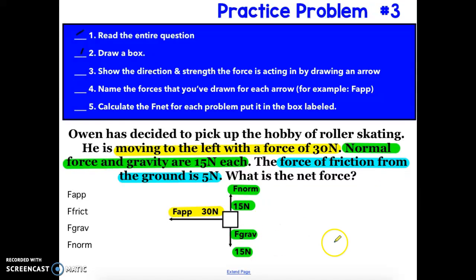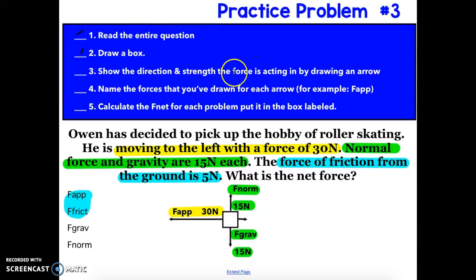So if your pencil's rolling across the table this way, friction's trying to stop it, so it's pushing the opposite way. So just remember that friction and applied force are always opposites of each other. So if Owen is trying to roller skate this way, friction's going to be the opposite way. Okay, and it's only 5 newtons, so I'm going to make this very tiny.